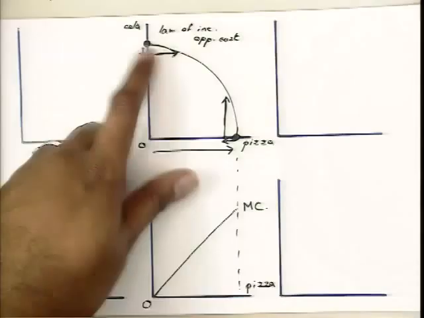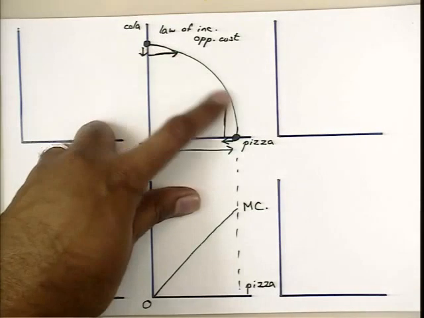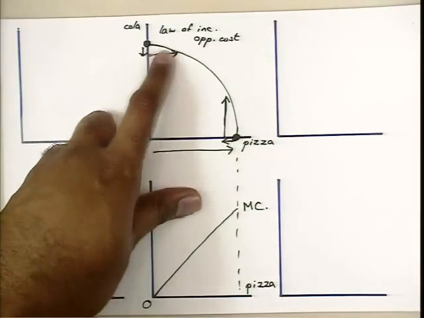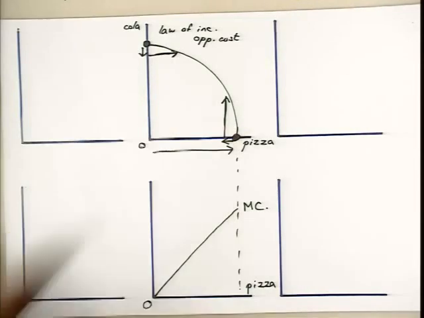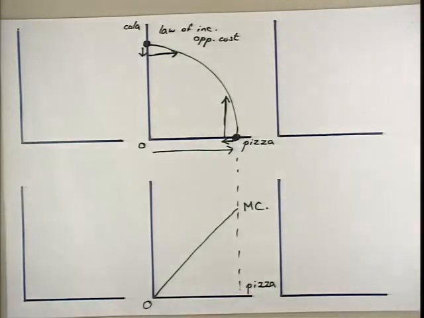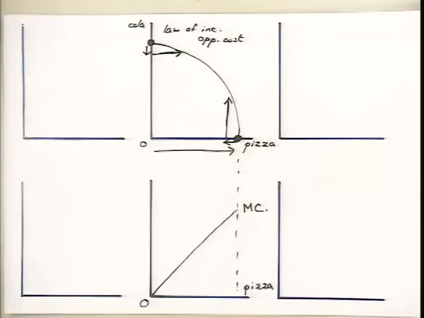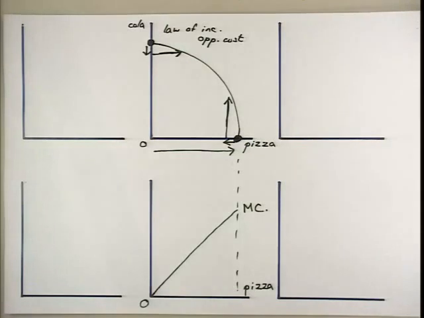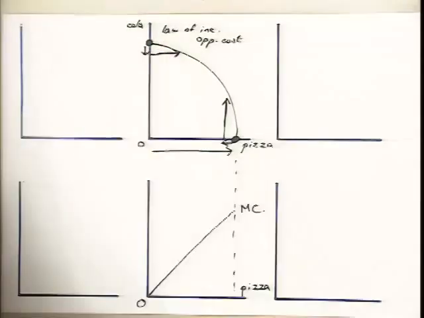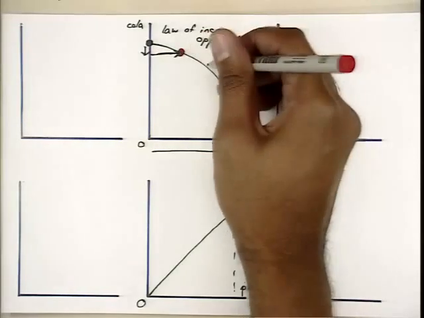Every single point on the production possibilities curve is productively efficient, but not every single point is allocatively efficient. So if I'm on the production possibilities curve, I am utilizing all of my resources, but I may not be producing exactly what society wants. Every single point is a possibility.